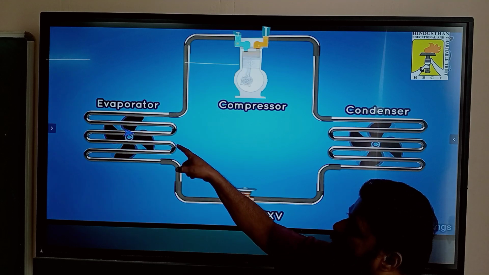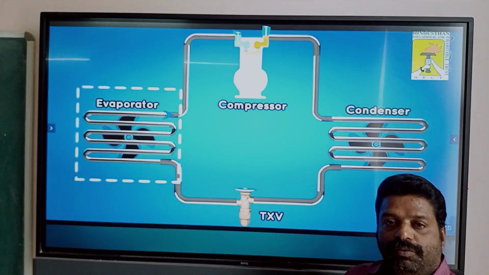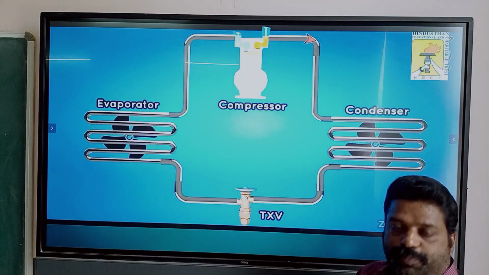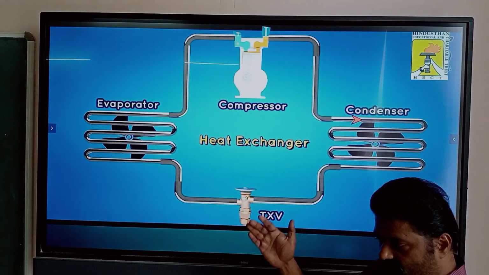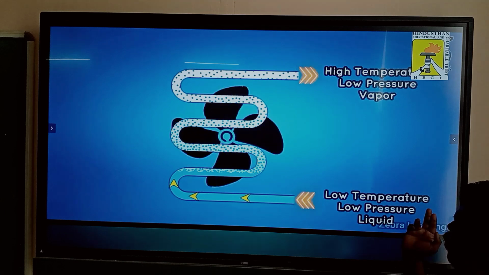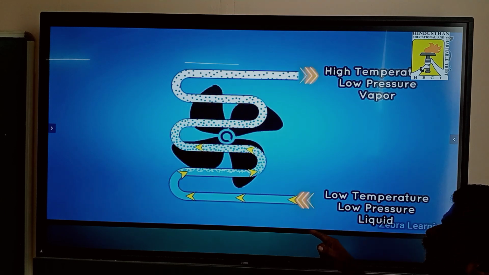It passes to the evaporator, which is the required cooling space, the freezing compartment area.